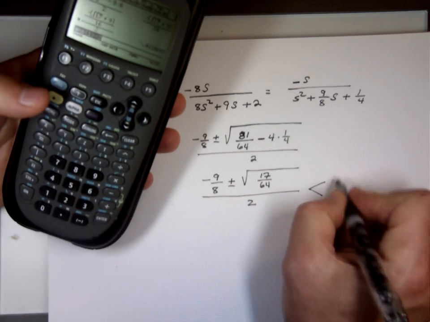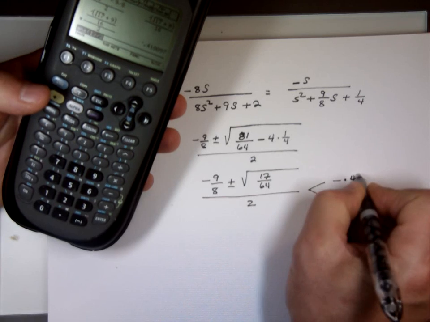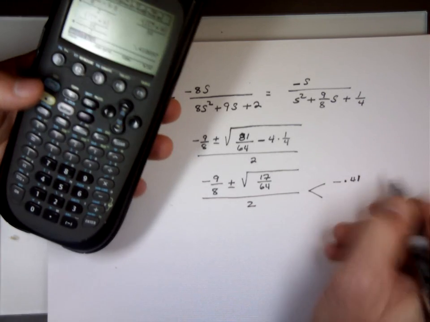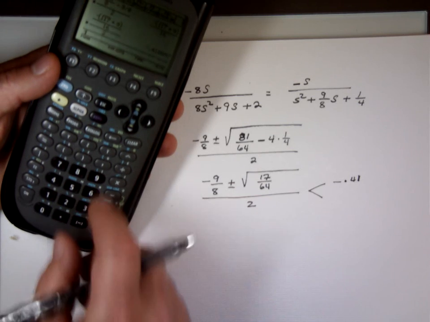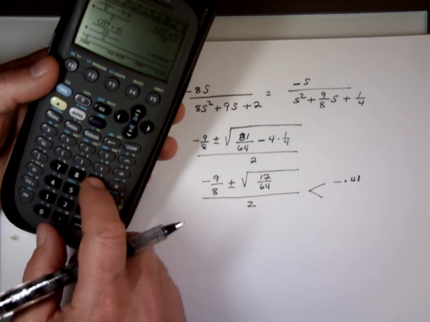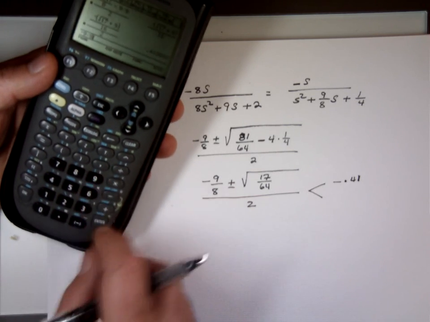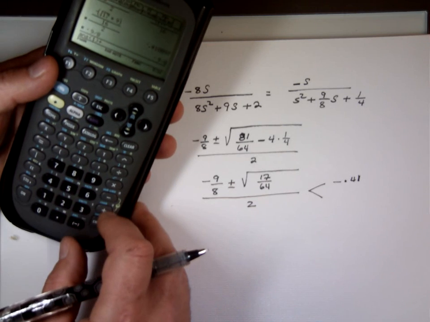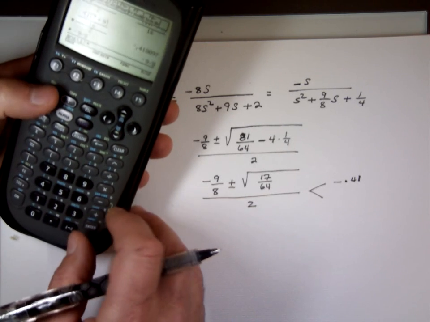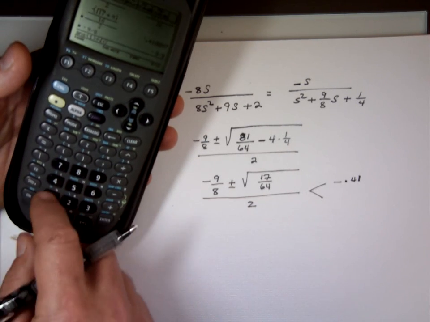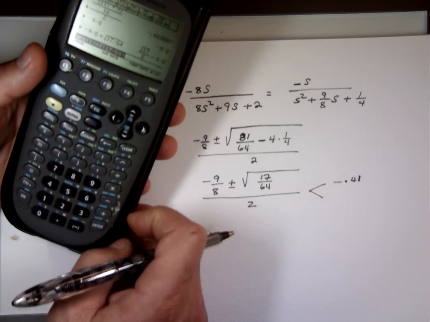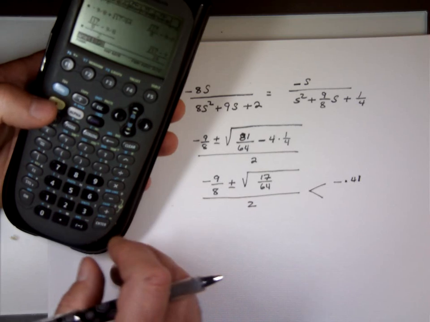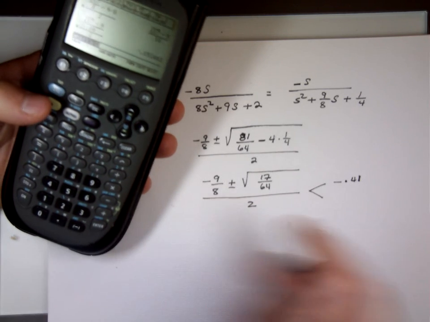Negative 0.41. The other answer is negative 9 divided by 8 plus the square root of 17 divided by 64, divided by 2, and it's negative 0.15.